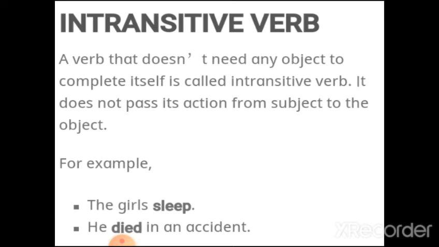Now let us see the second type of verb. It is the intransitive verb. Let us see the definition of intransitive verb. A verb that doesn't need any object to complete itself is called an intransitive verb. The verb which doesn't need any object to complete the sentence is called an intransitive verb.